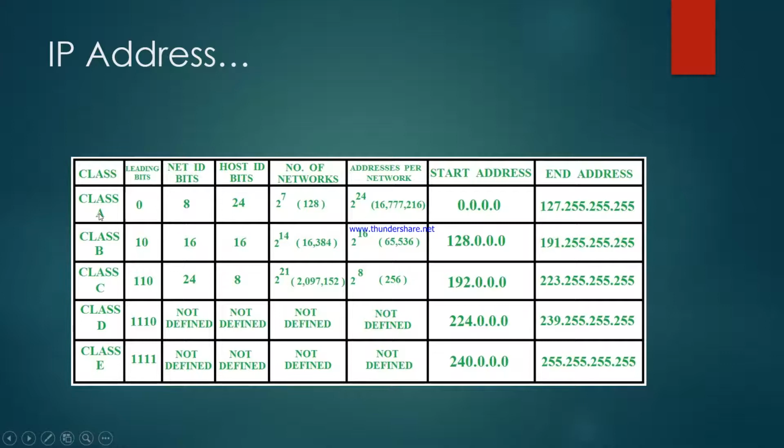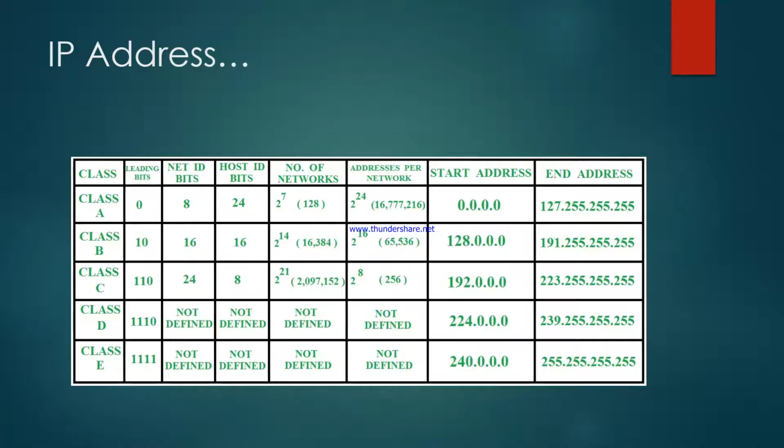In class A, the first octet is used as the net bits, and the second, third and fourth, the last 3 octets, are used for host ID. So for net ID 8 bits are used and for host ID 24 bits are used.